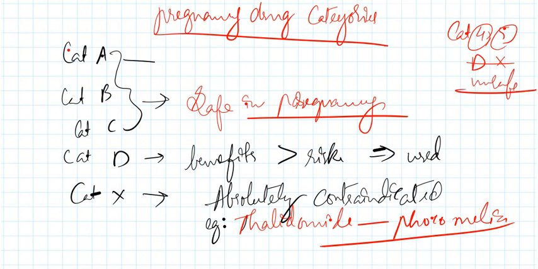So all of the below category drugs are safe in pregnancy, except, and you will be given category A, category B, category C, category D. Answer is category D. Category D and category X are completely unsafe in pregnancy. But if the benefit outweighs the risk, you can accept a category D drug to give to your patient, but a category X drug is completely contraindicated.